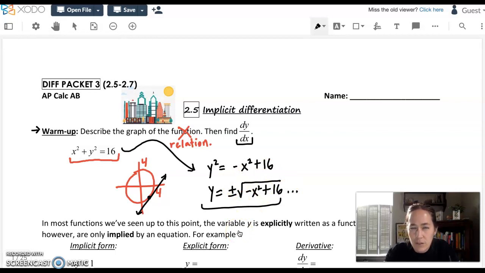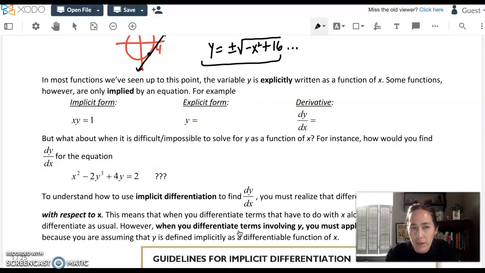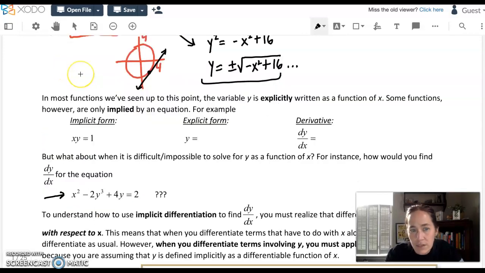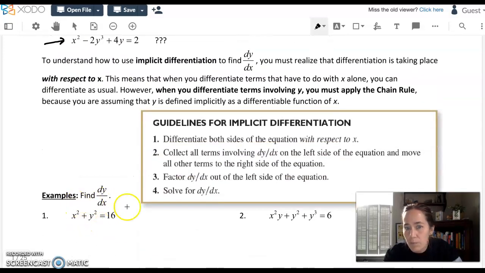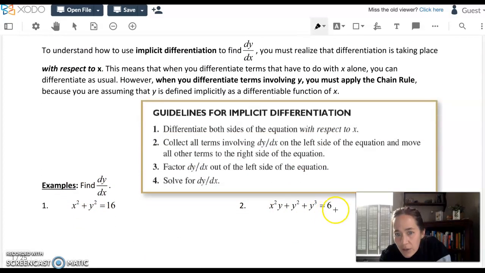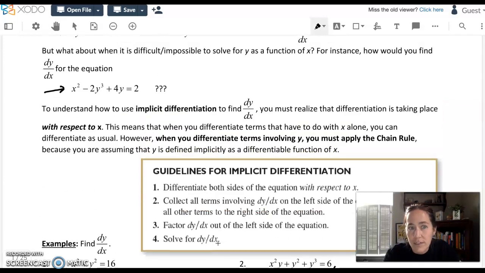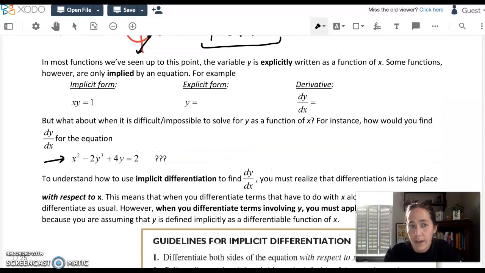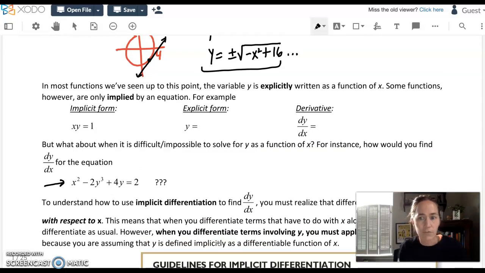If you glance down the page at the start of this packet, it's filled with expressions like this, where you've got a bunch of x's and y's mixed in throughout the equation, kind of like the warm-up was, and if I take a peek down at the bottom, I see the warm-up again in another one of these. An equation like this, it's difficult or impossible to solve for y. It would be real hard to get y explicitly in terms of x. So this is where implicit differentiation is going to come in as a shortcut.